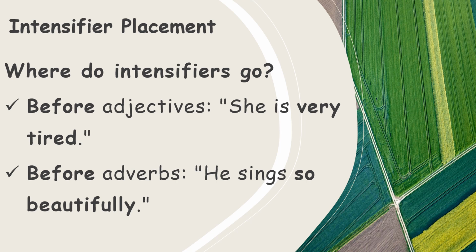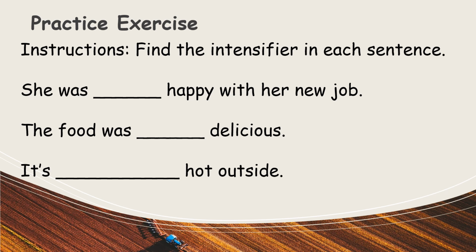So you put the intensifier very before the adjective. In the next sentence, he sings so beautifully. Beautifully is an adverb. So is an intensifier. So it is placed before the word beautifully. Now here is another practice exercise. Pause the video, think about the answers. When you get the answers, play the video again and check your answers.